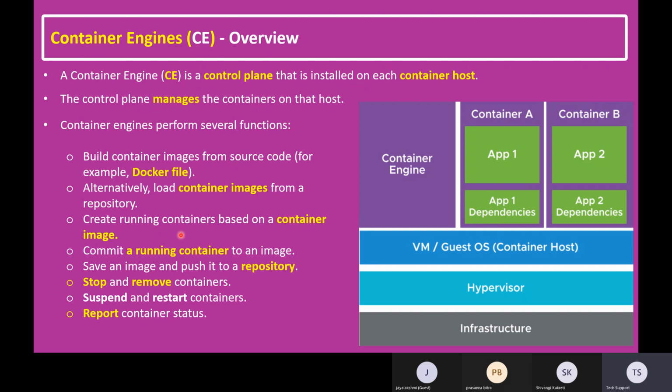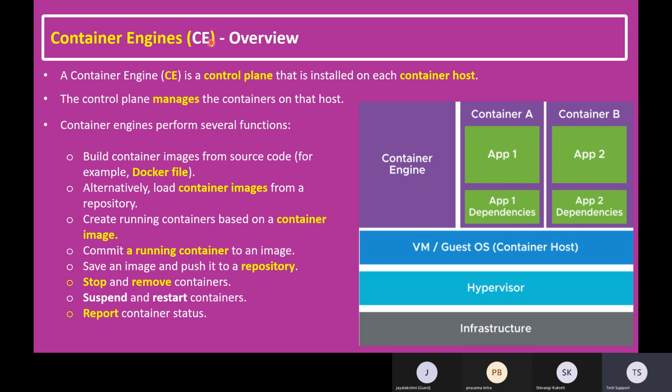We talked about the container image, it's like an ISO file or any other image. Then commit a running container to an image, save the image and push it to a repository. A repository is nothing but, for example, GitHub, which we can call one repository, or from a vSphere perspective, the content library is also considered a repository.